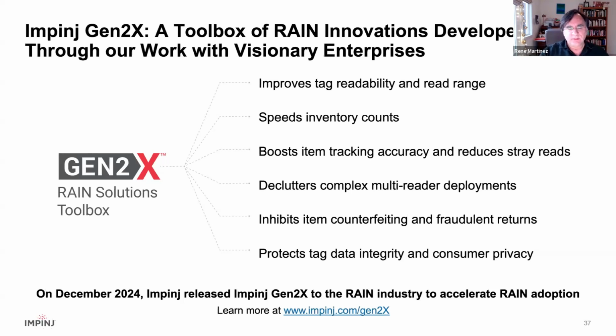Some of these Gen2X capabilities overlap with Gen2v3, while others are features or enhancements to Gen2. And in the next two slides, I'll show you two examples of this. If you can go into the next slide, Claude.